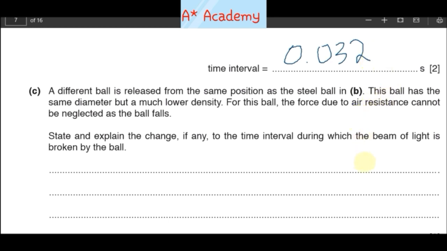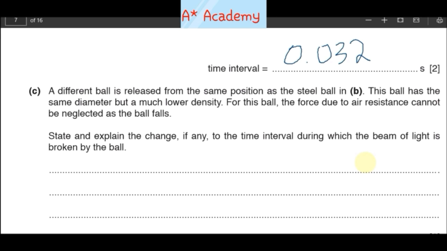A different ball is released from the same position as the steel ball in B. This ball has the same diameter but a much lower density. For this ball, the force due to air resistance cannot be neglected as the ball falls. State and explain the change, if any, to the time interval during which the beam of light is broken by the ball. Right, so we have two factors at play.